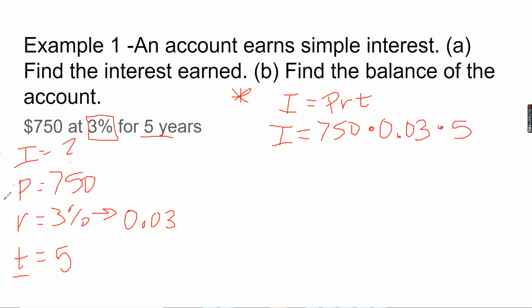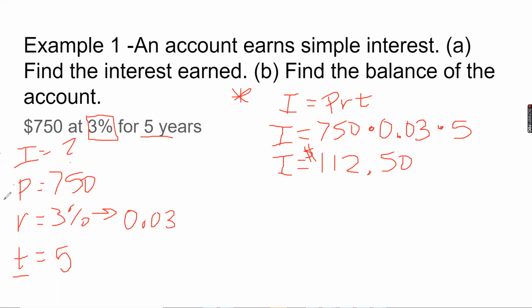So I'm going to enter that into my calculator over in front of me. 750 times 0.03 times 5. And my calculator is telling me that that is $112.50. And that's how much interest has been earned.